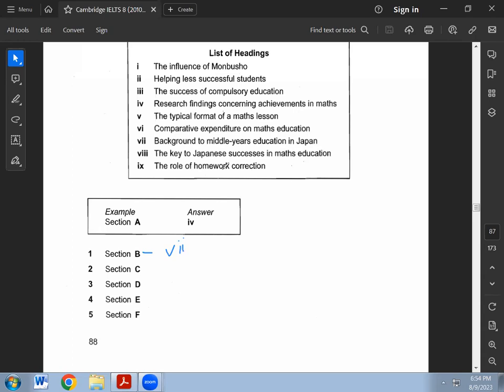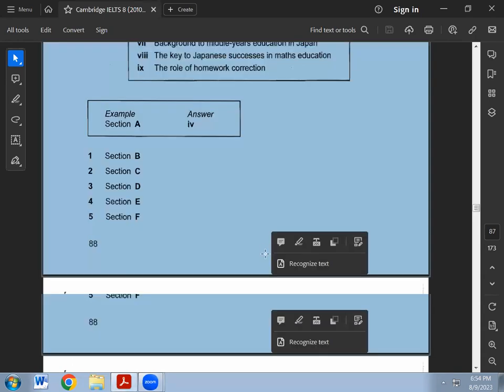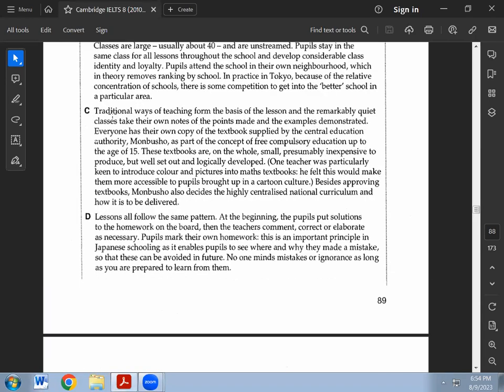Let's go to section C, and again, note the time that we will be doing it only in 5 minutes. Reading C: traditional ways of teaching from the basis of the lesson and remarkably quiet lessons. Take their own notes of the points made and the examples demonstrated. Now I see none of the keywords I found here.